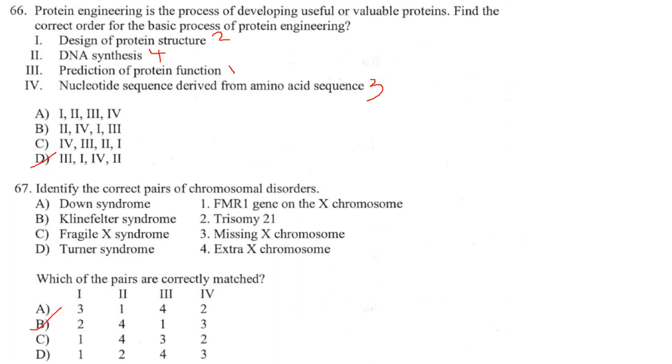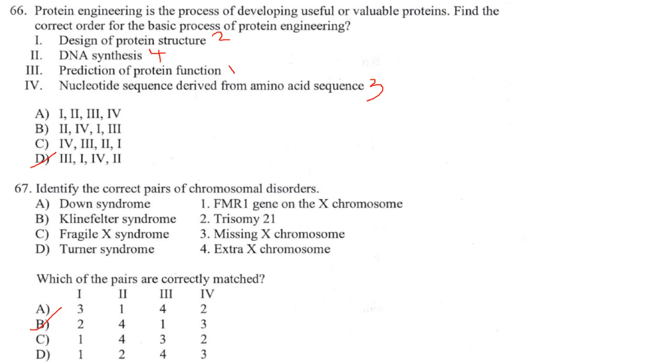Then comes nucleotide sequence derived from amino acid sequence, and then DNA synthesis. So it is 3, 1, 4 and 2. Option D is correct.